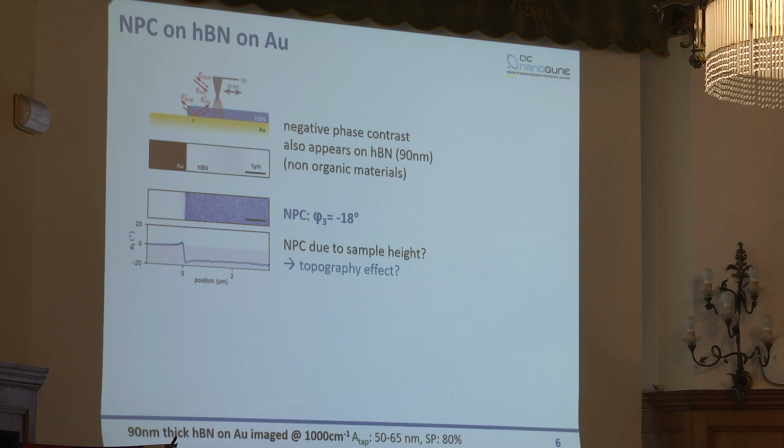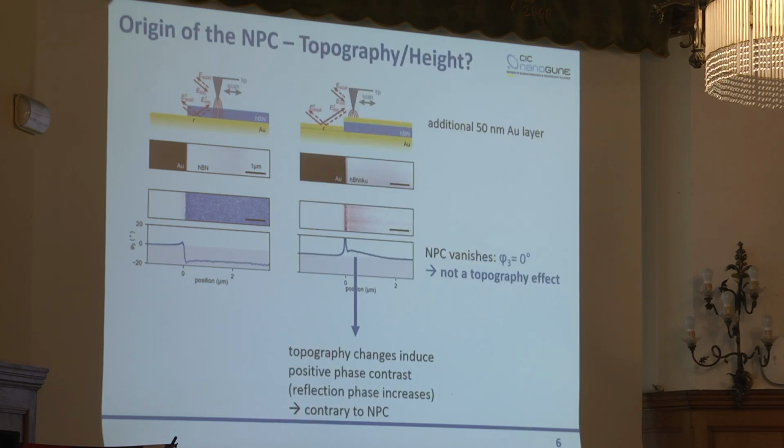So our first thought was, okay, maybe it's a topography effect. Maybe it's because we move the tip down because we have a sample height, right? In order to investigate that, we additionally evaporated a 50 nanometer layer of gold on the sample. So basically, the step height here is the same as before, but now we go from gold to gold.